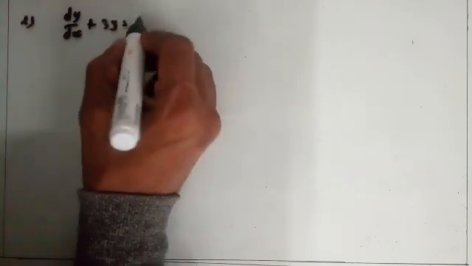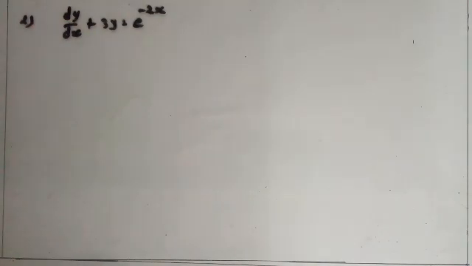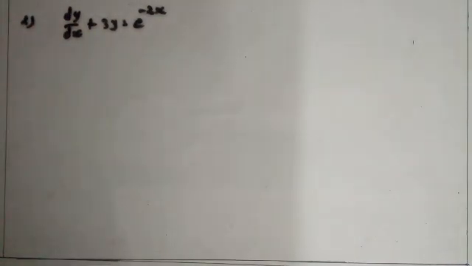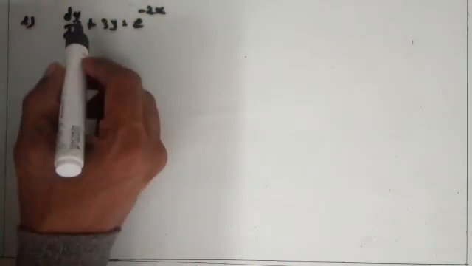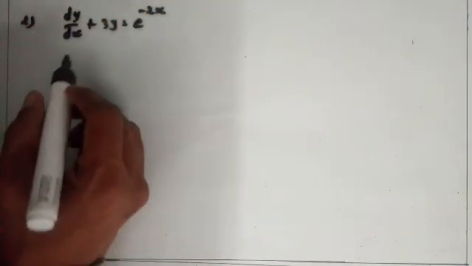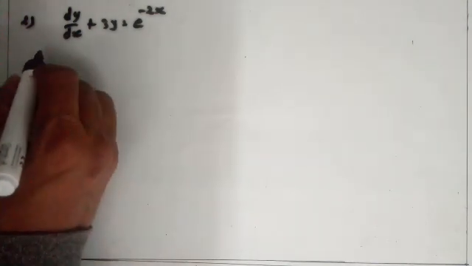Now question number 2. Find the general solution of dy/dx plus 3y is equal to e raised to minus 2x. Here dy/dx plus 3y is equal to e raised to minus 2x is a linear differential equation.